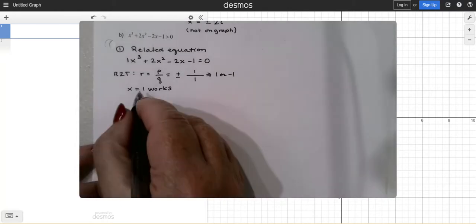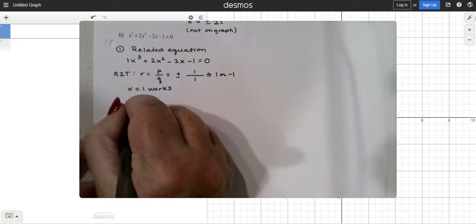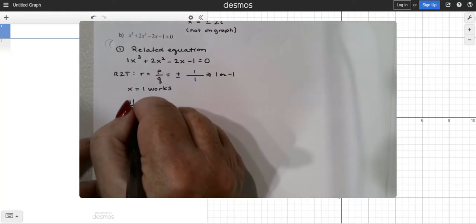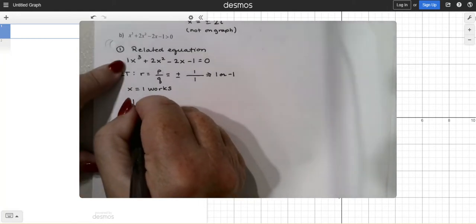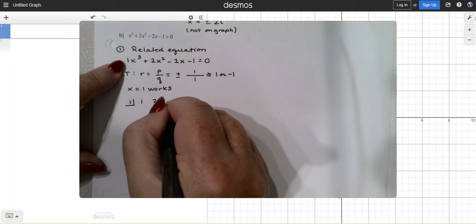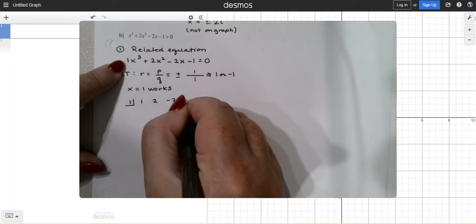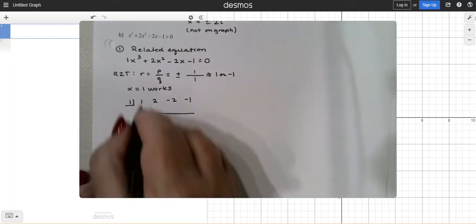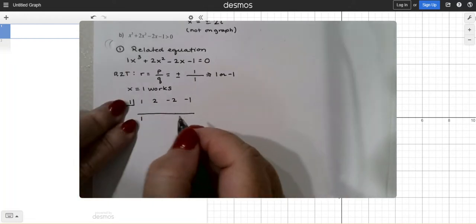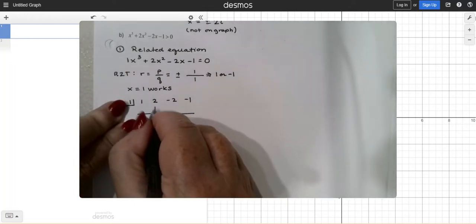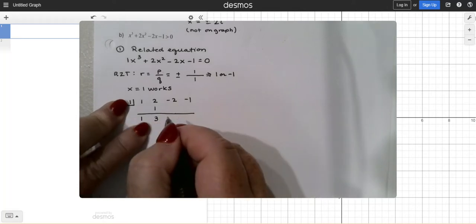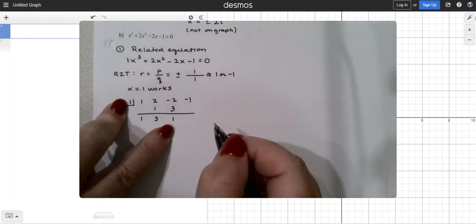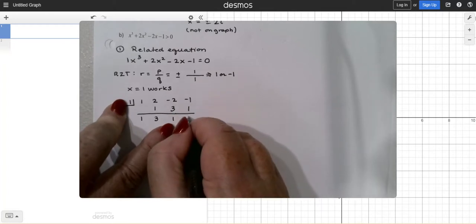And so, if I did my division, the coefficients here are 1, 2, negative 2, and negative 1. I'm going to bring down the 1. 1 times 1 is 1, and that adds up to 3. 1 times 3 is 3, and that adds up to 1. 1 times 1 is 1, which adds up to 0.